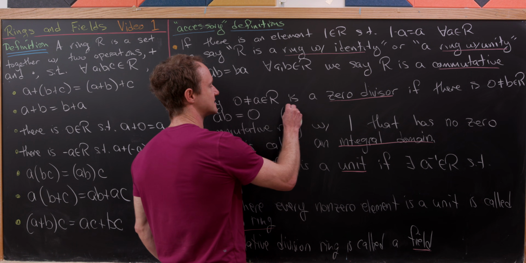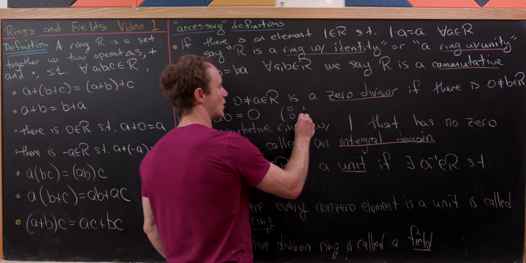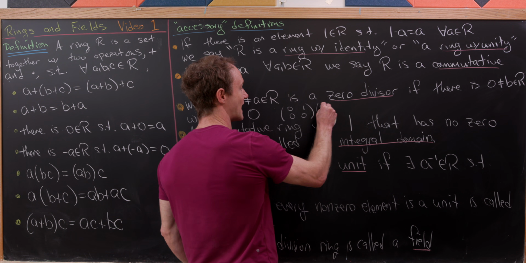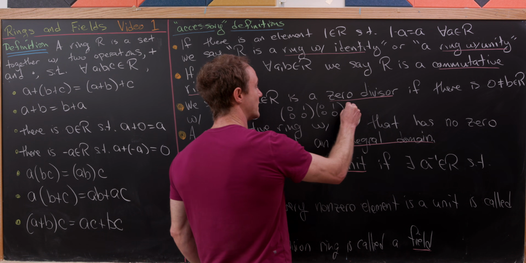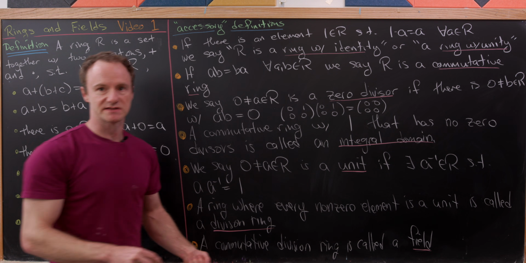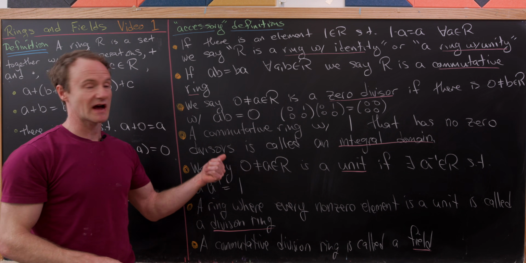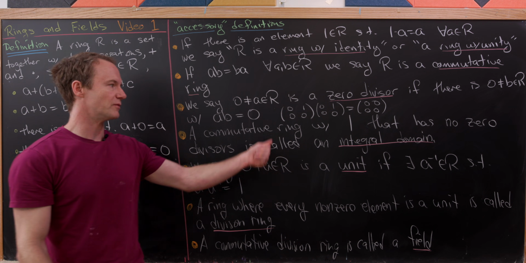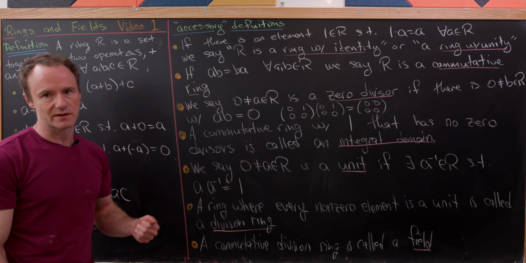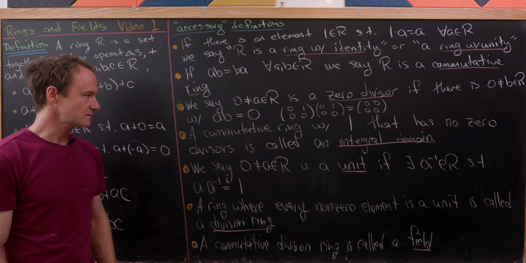Let's look at, for instance, the matrix 0, 1, 0, 0, and observe that if we multiply that to itself, we get the 0 matrix. So that would be an example of a zero divisor, because in fact, if you square it, you get 0, but it itself is not 0. We'll see some more examples of this a bit later.